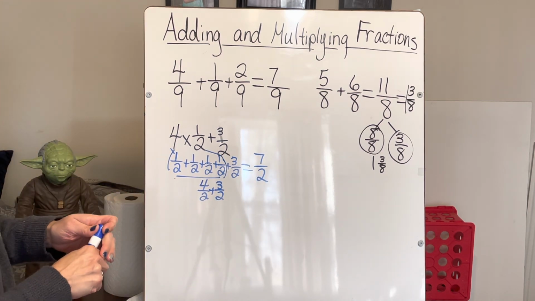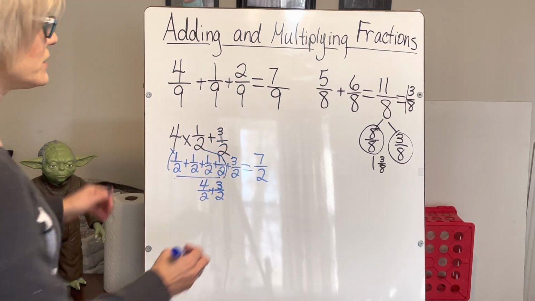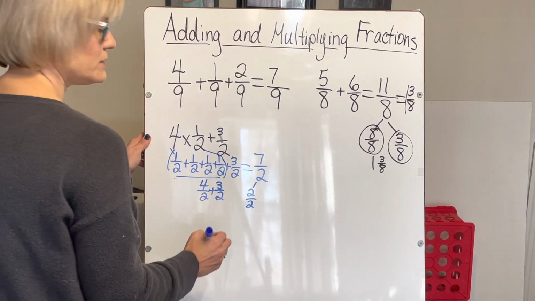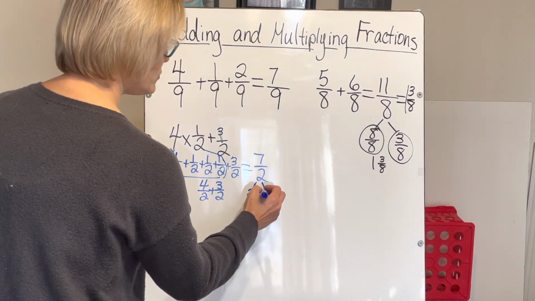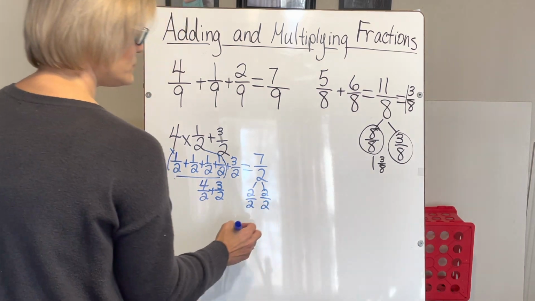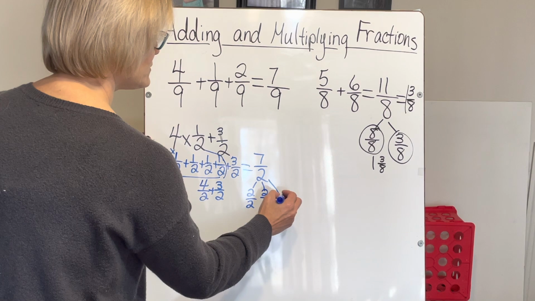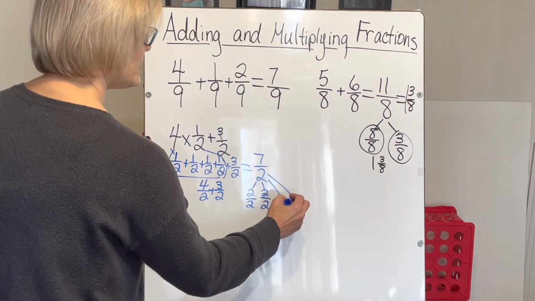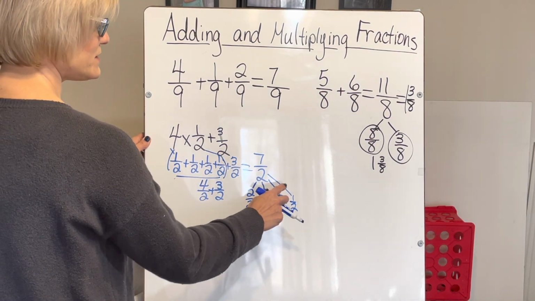All right, now I have to change this because, again, I've got an improper fraction. So if I take out 1 whole, which would be 2 halves, and I take a look at this, well, I think I've got another whole in there, so I've got another 2 halves, that's 4. Let's try another one. There's 6, and then I have another half. So I've got 2, 4, 6, 7.